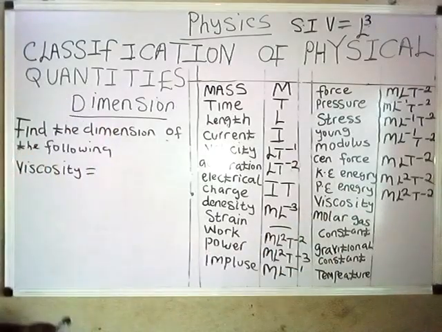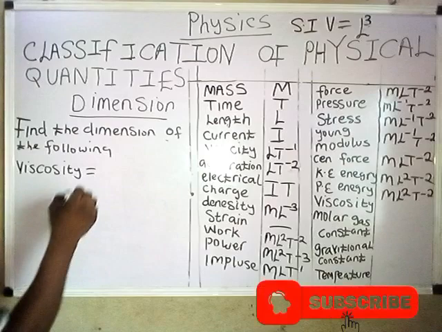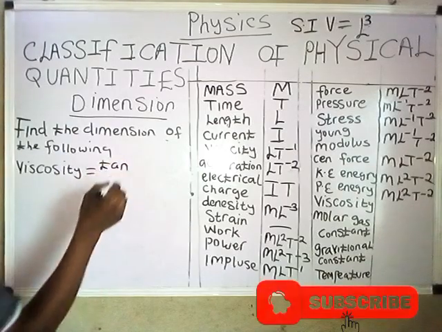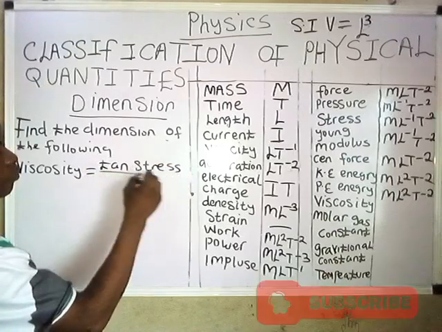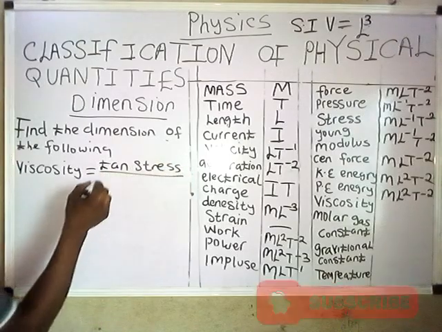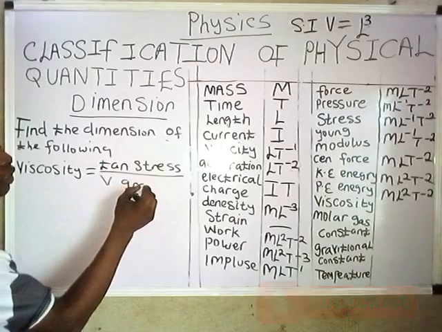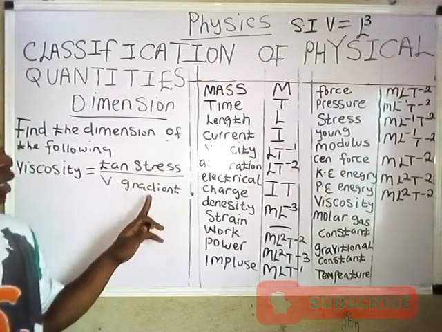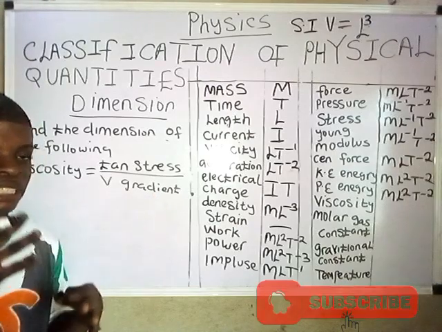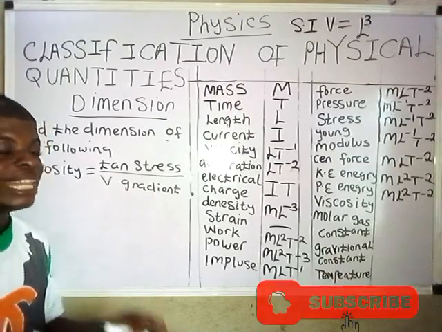What is the formula for viscosity? The formula for viscosity is tangent stress over velocity gradient. Let's say V for velocity gradient. When you hear the word gradient, it has to do with per distance or per length.